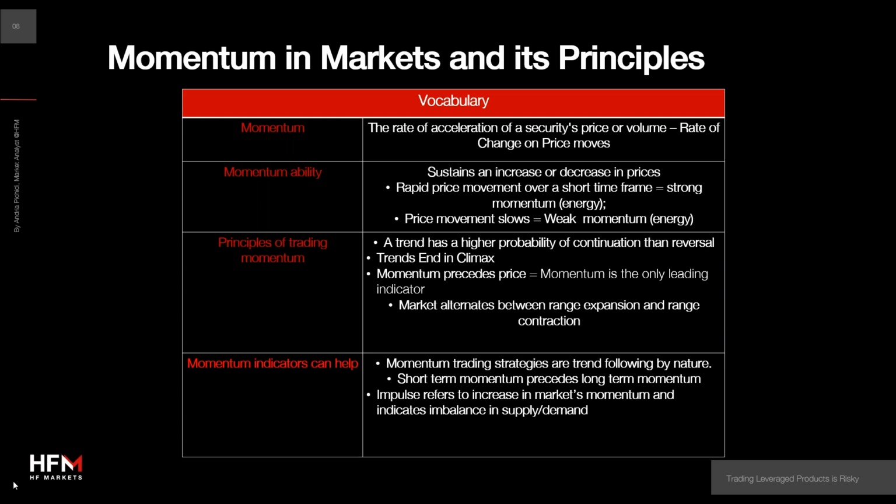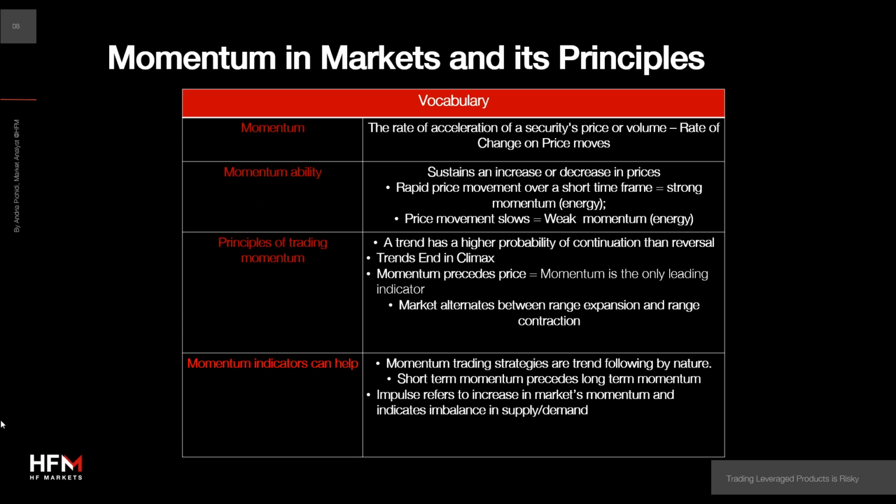So instead of identifying continuation or reversal patterns, momentum traders focus on the trend created by the most recent price break. Think of it like the momentum of a train. When a train starts, it accelerates, but moves slowly, right? At the beginning, it's accelerating slowly until it peaks.